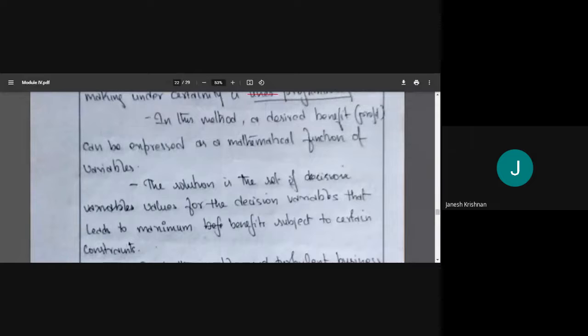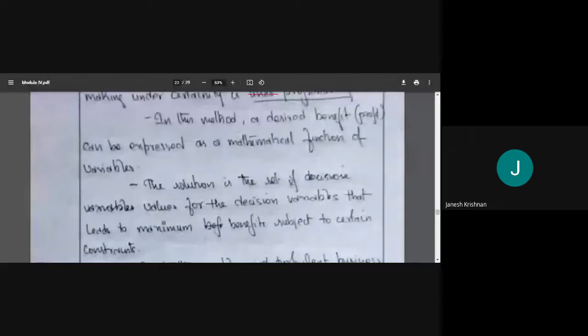Let's say, for example, more sales plus less marketing will be equal to profit. Less production plus less wastage is equal to profit. So our desired benefit or profit is expressed as a mathematical function, right? The solution of this equation is the set of values for the decision variables that leads to maximum benefit subject to certain constraints.